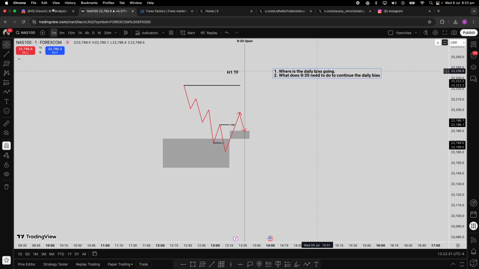These two are not the same thing. Yes, we're bullish. That does not mean at 9:30 you take any long setup after 9:30 or in the macro. That means you understand where the bigger picture is going, but you use 9:30's open volatility to sponsor the daily bias.